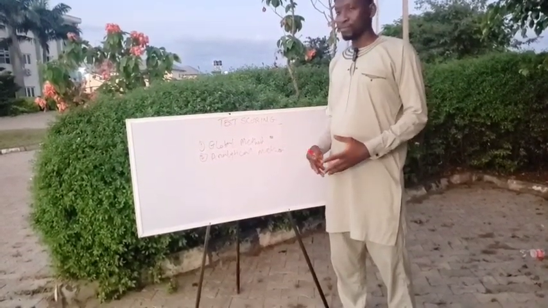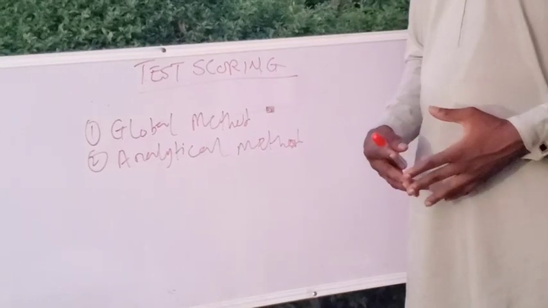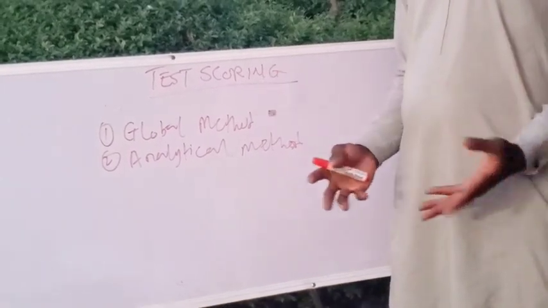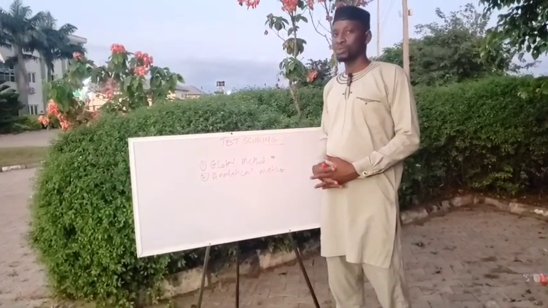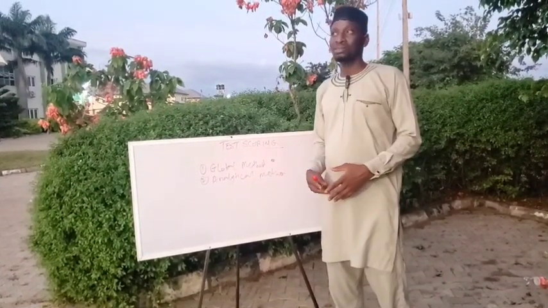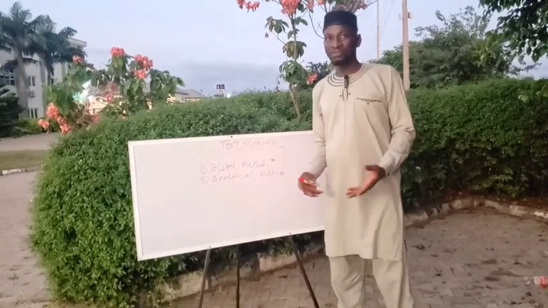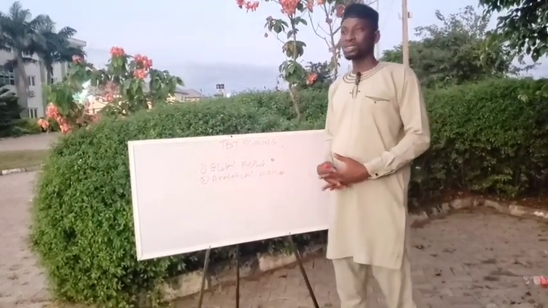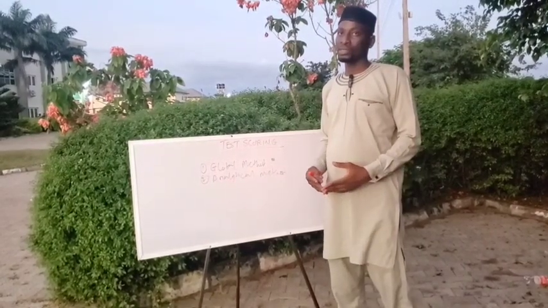It implies that an individual is scoring a test based on a general view or a subjective view that can be of impression. So the impression they are giving matters when scoring using the global method, usually for essay items.